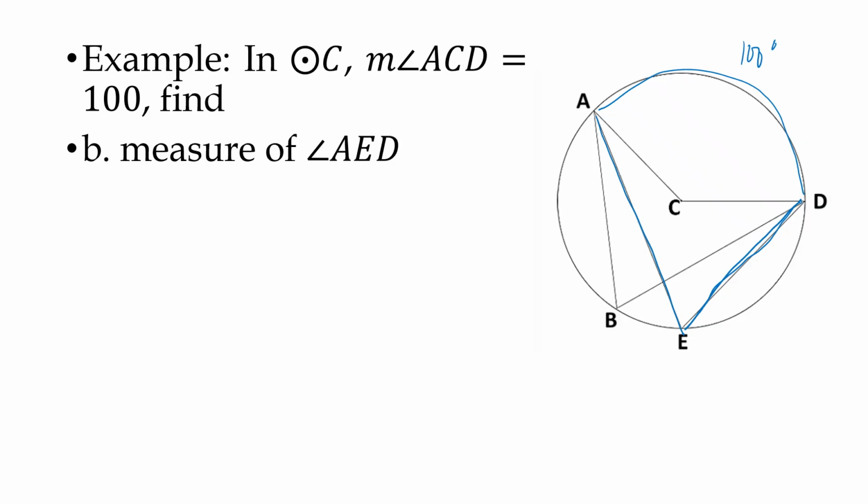Given the previous idea that the measure of an inscribed angle is equal to 1/2 the measure of the intercepted arc, therefore the measure of angle AED is equal to 1/2 of the measure of arc AD.